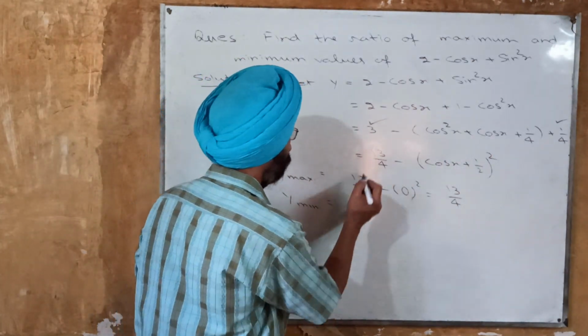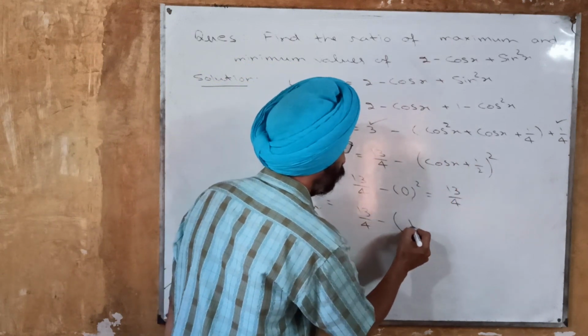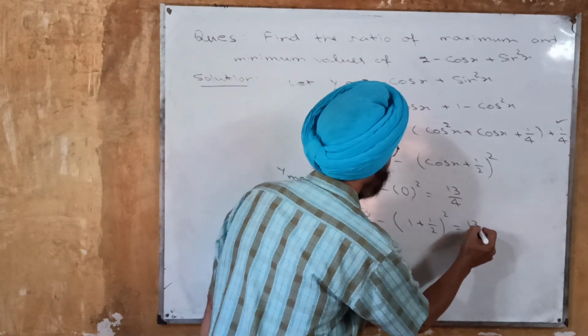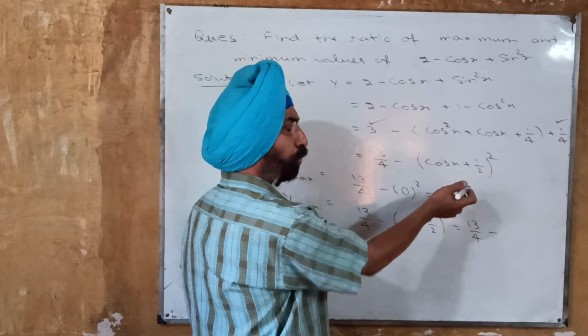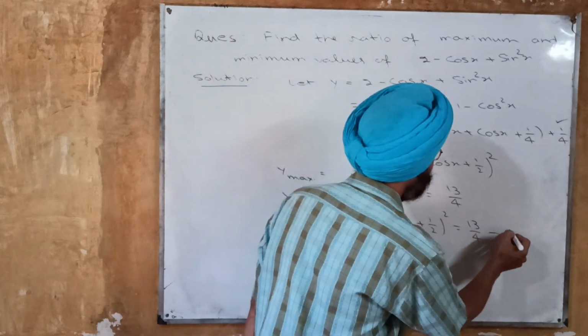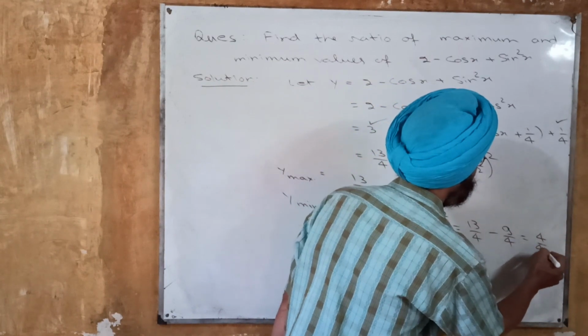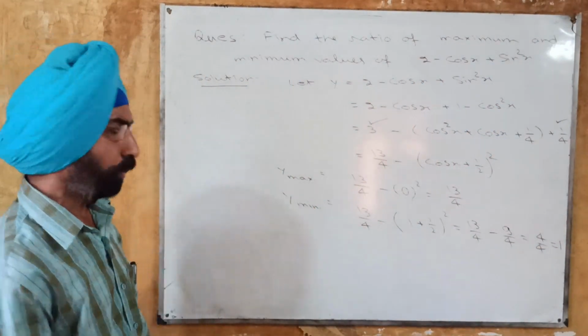So y minimum will become 13 by 4 minus the maximum value of cos x plus 1 by 2 whole square. Simplify it. It is 13 by 4 minus 3 by 2 square, and 3 by 2 square is 9 by 4. So it is 4 by 4, that means equal to 1. This is its minimum value.